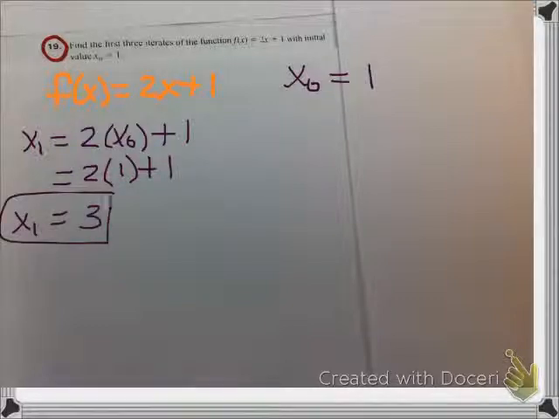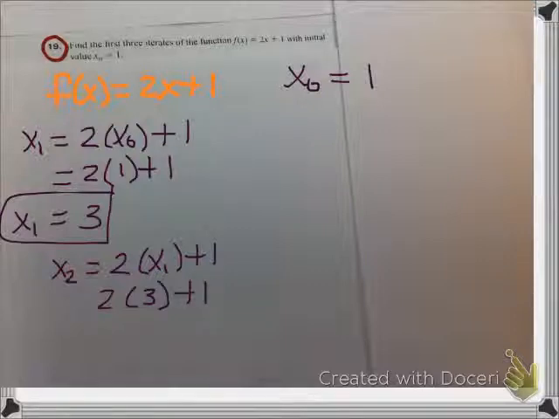So there's my first number. And then you go off and find x sub 2, which is 2 times x sub 1 plus 1, 2 times 3 plus 1, so x sub 2 is 7. Oh, sorry, x sub 2, yes.